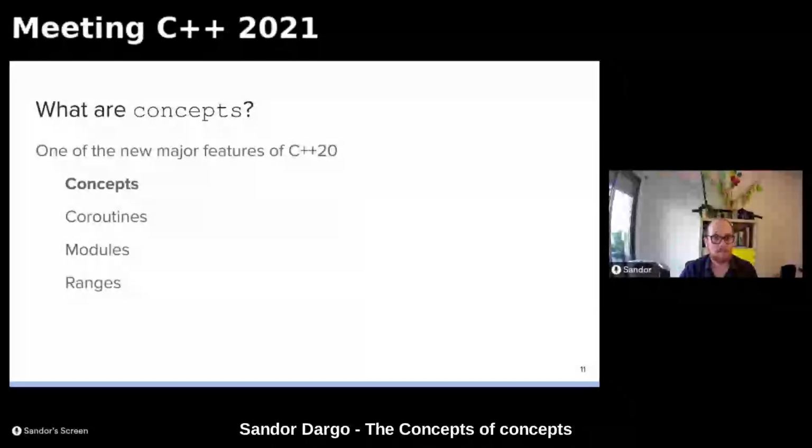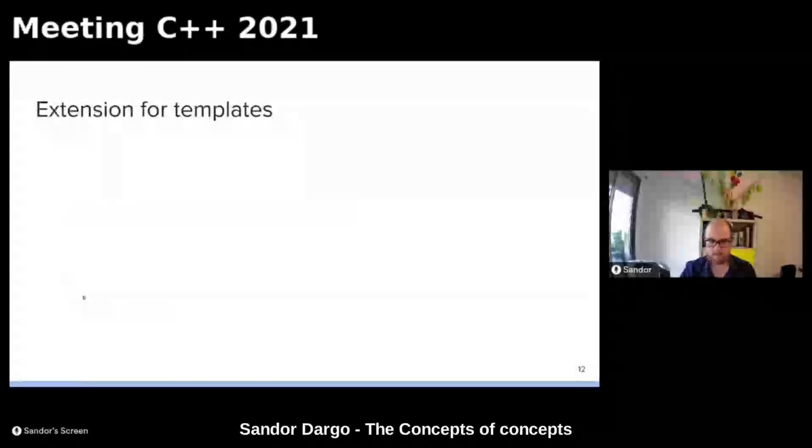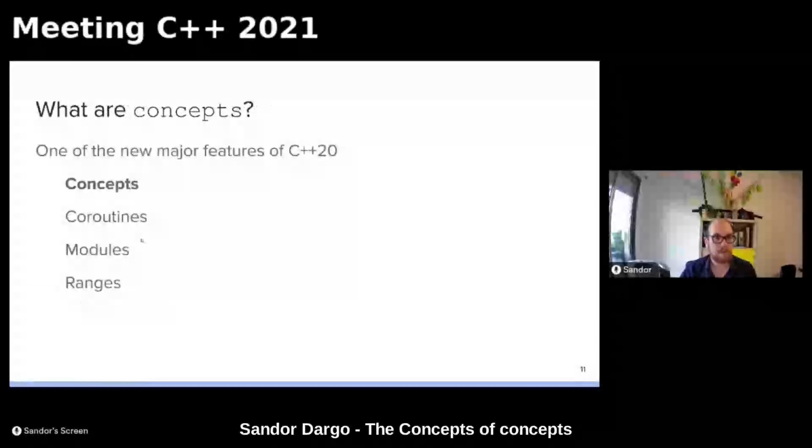So C++20 has been a big release, and there are many small and useful things in it, but often we refer to it as having 4 big building blocks. You have the ranges, and I think it was yesterday morning, Tina gave a very interesting talk on how you can rangeify your code.